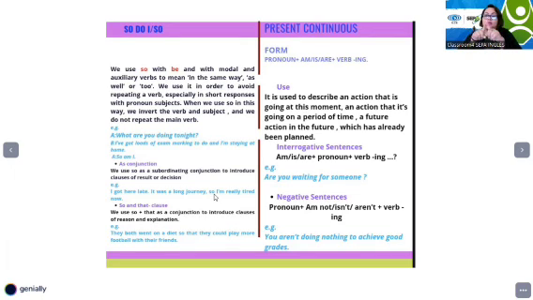They are joining two sentences. We use so that as a conjunction to introduce clauses of reason and explanation. They both went on a diet so that they could play more football with their friends.